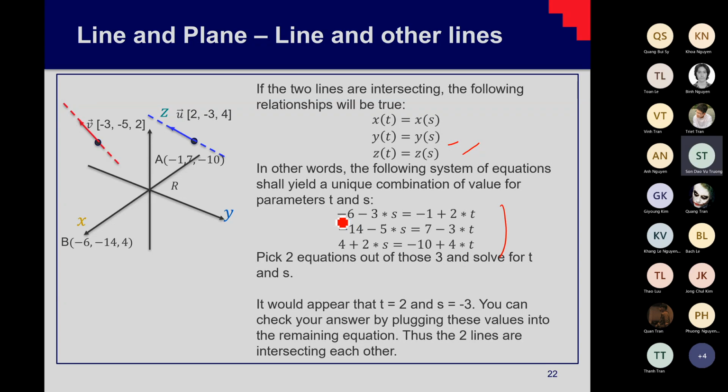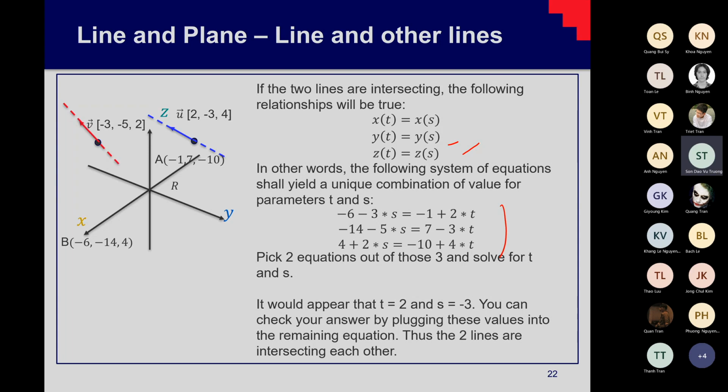The first equation is -6 minus 3s equals -1 plus 2t. Second equation, -14 minus 5s equals 7 minus 3t. And last equation, 4 plus 2s equals -10 plus 4t.